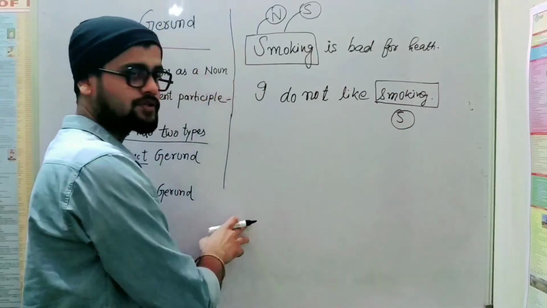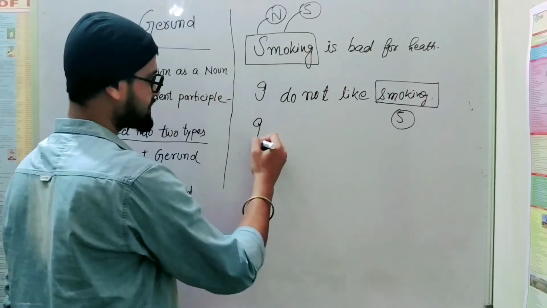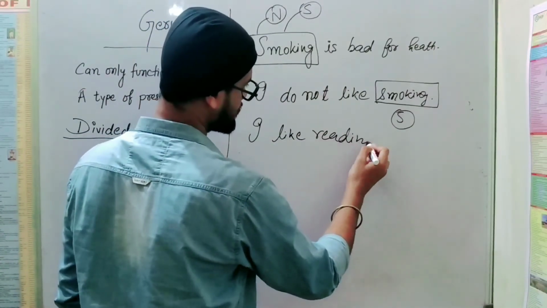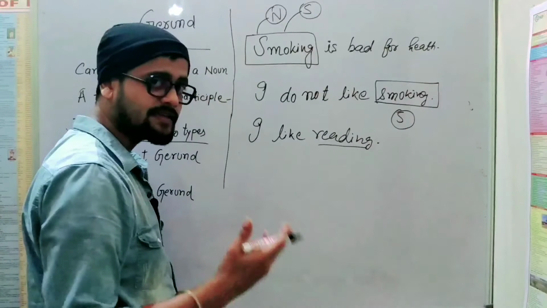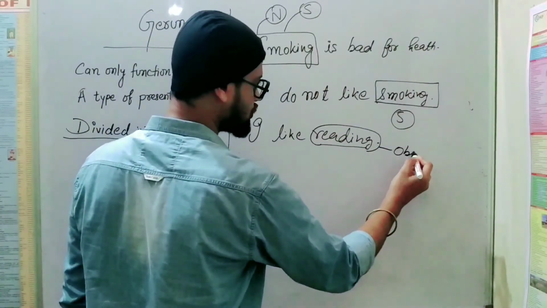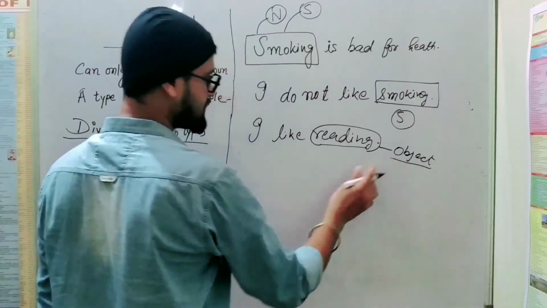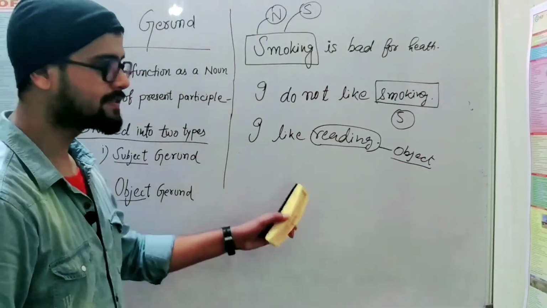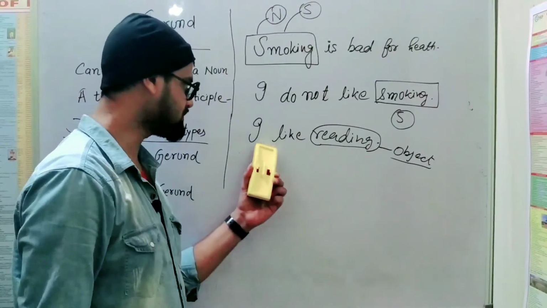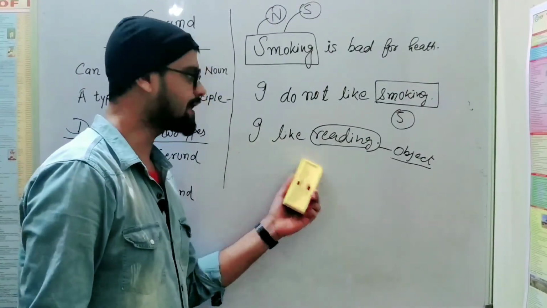What you don't like? You don't like smoking. If I say I like reading, it means it is your object here. Although this is your noun, this is acting as an object in this particular sentence. That it is a general fact, a general statement for the subject, where the subject says that I like reading.